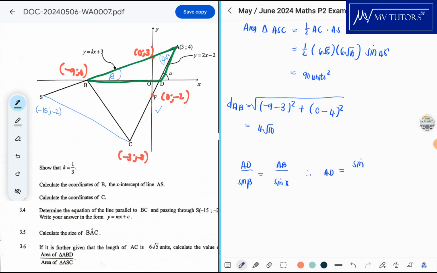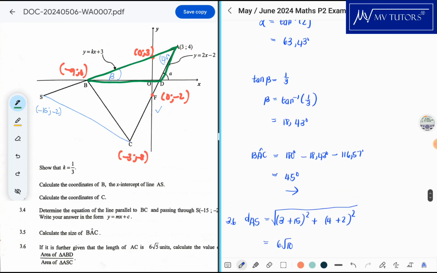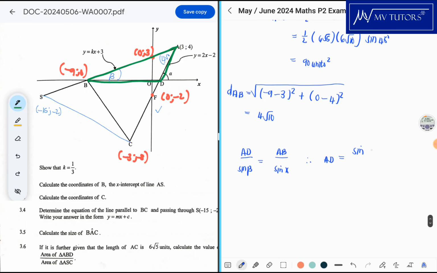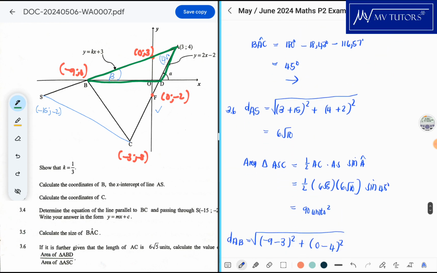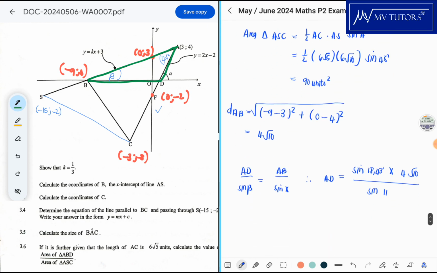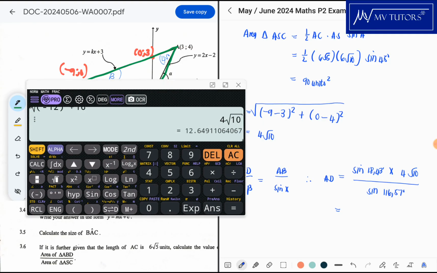Remember, beta was 18.43 degrees. So sine beta times AB, which we just worked out, which is 4 root 10. And then we're going to divide it by sine X. And what was X again? I think it was 116.57. Yes, the little one is agreeing.